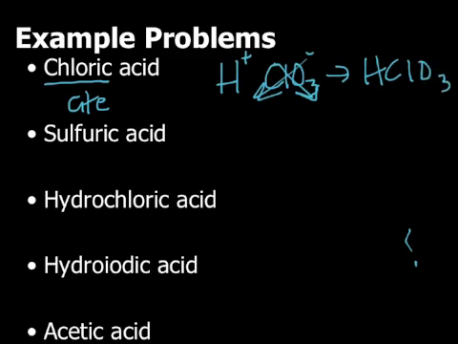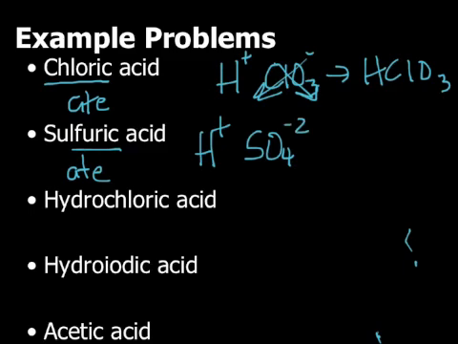My next one, sulfuric. Ic came from ate, so this was sulfate. I still start with an H. Sulfate, if I go back to my polyatomics, was SO4 -2. Crisscross my charges, and this becomes H2SO4.